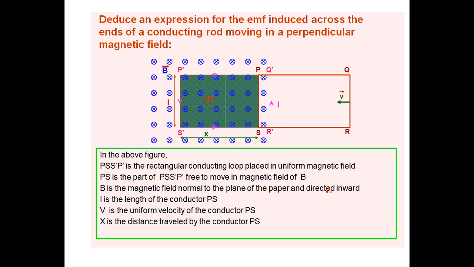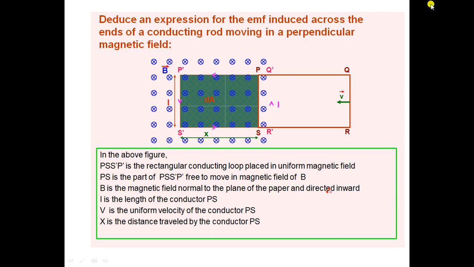After that, suppose here PSS'P' is a rectangular conducting loop placed in a uniform magnetic field. So PSS'P' is a uniform rectangular conducting loop that is placed in the uniform magnetic field.